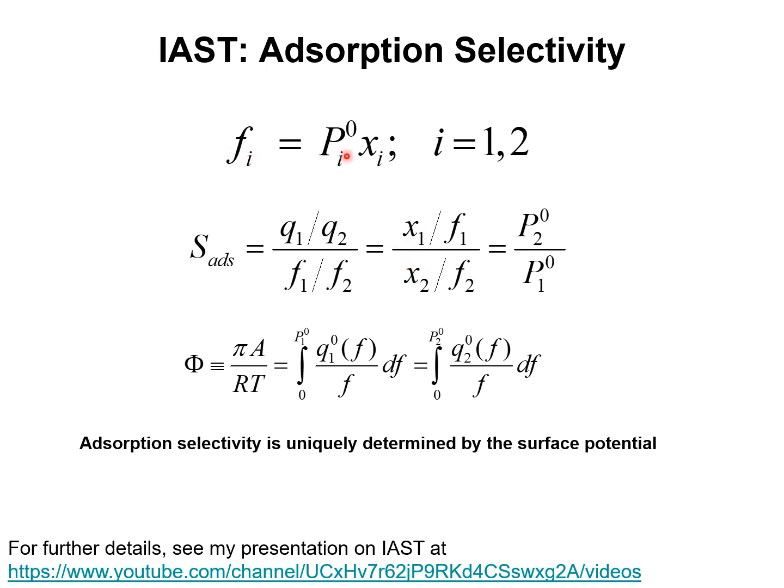And in view of this expression relating the partial fugacities and adsorption pressures and mole fractions, we write the adsorption selectivity of 1 with respect to 2 as the ratio of the adsorption pressure of 2 with respect to the adsorption pressure of 1.